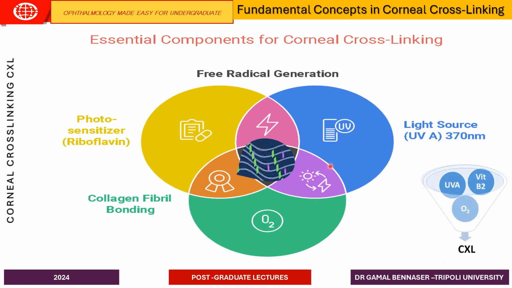That's why in the standard protocol, the Dresden protocol, debridement of the epithelium is an essential step in the procedure to achieve a good concentration of riboflavin within the stroma. We will discuss epithelium on and epithelium off later, but as far as the standard protocol, we need debridement of the epithelium to achieve a good riboflavin concentration.